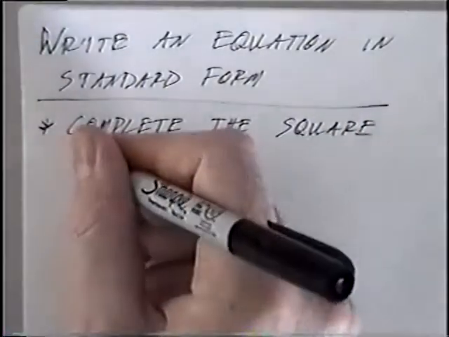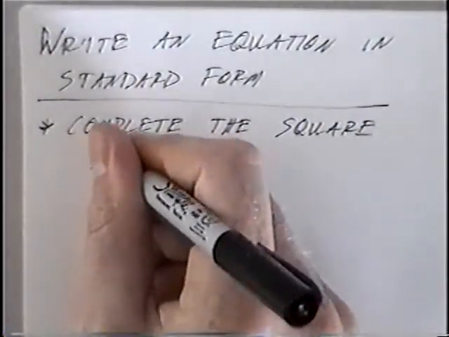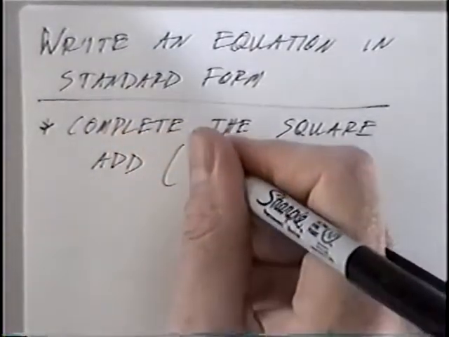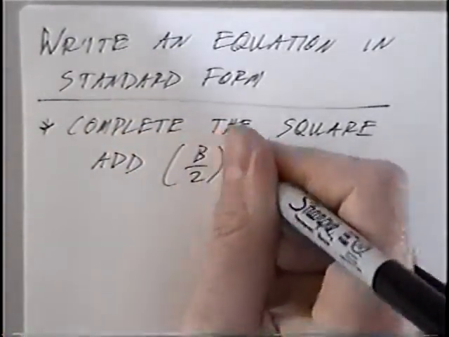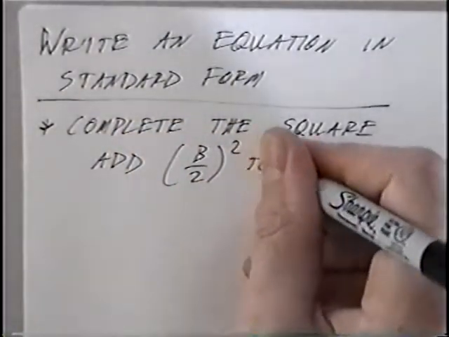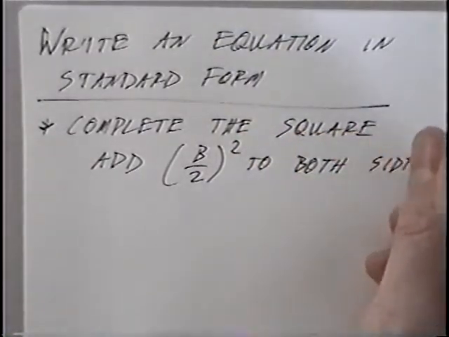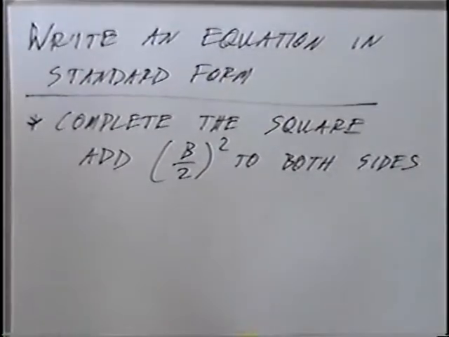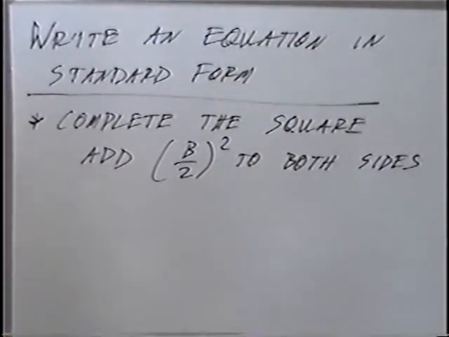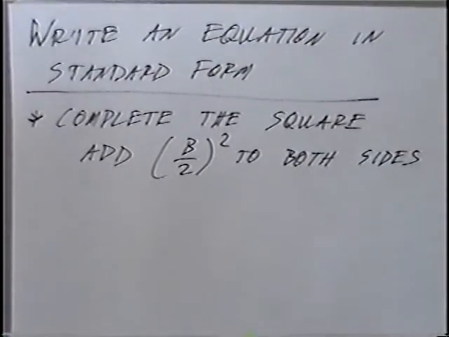To complete the square, we will add the fraction b over 2 squared to both sides. This will enable us to factor by completing the square and get the equation in standard form.